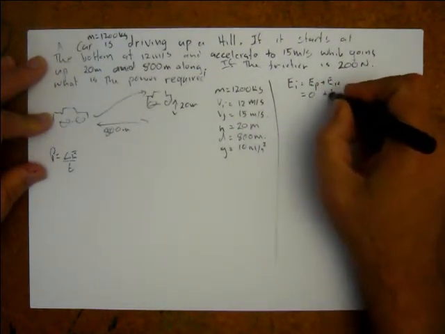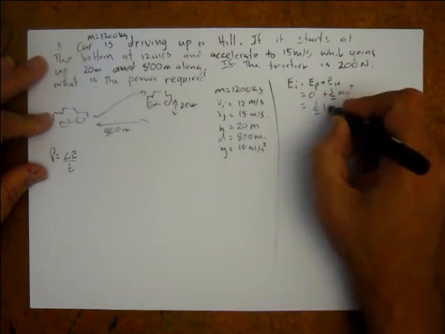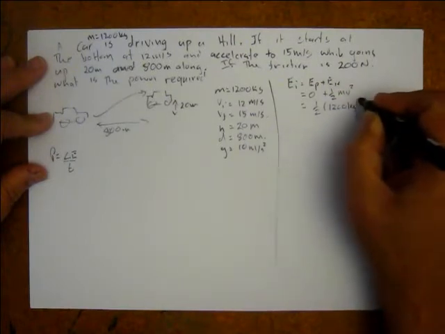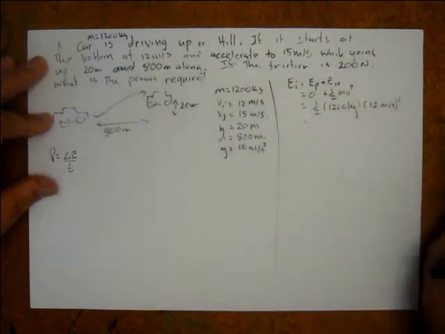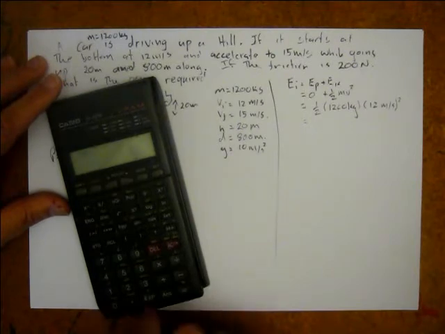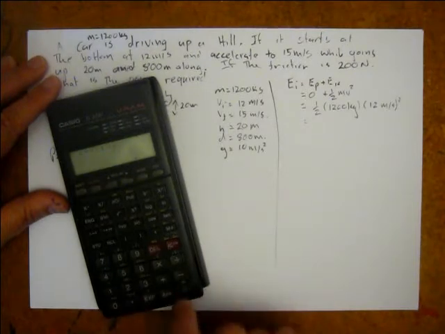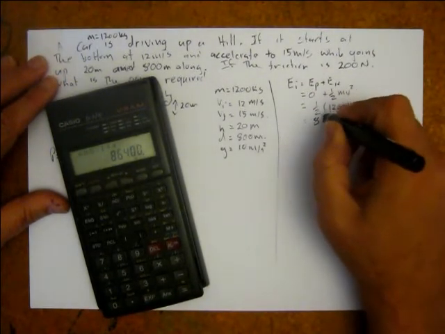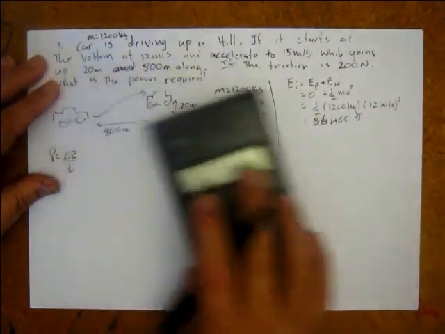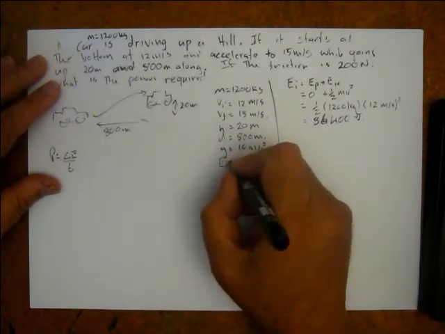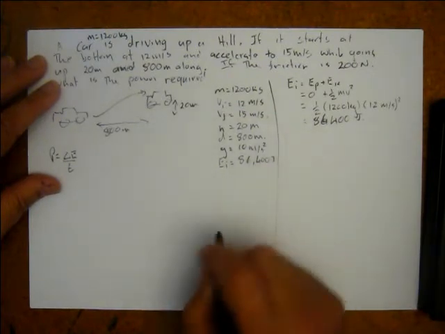No. Plus half mv squared, which is equal to half times 1200 kgs times 12 meters per second squared, which equals 86,400 joules. So at the bottom, the initial energy equals 86,400 joules.